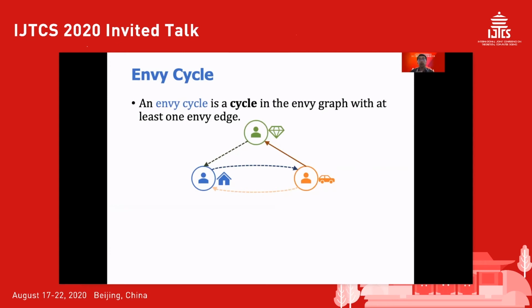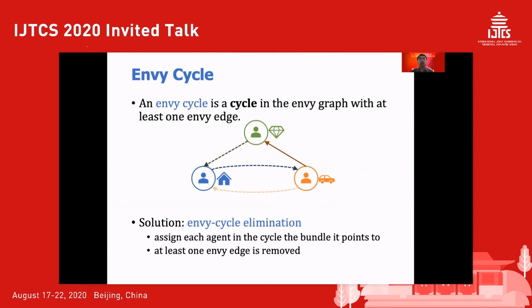So if in this envy graph we have an envy cycle, then what should we do? It's also very simple. Here, the solution is that we can apply a procedure called envy cycle elimination. That means in the envy cycle, every agent in this cycle thinks that the bundle of the next agent has more value.